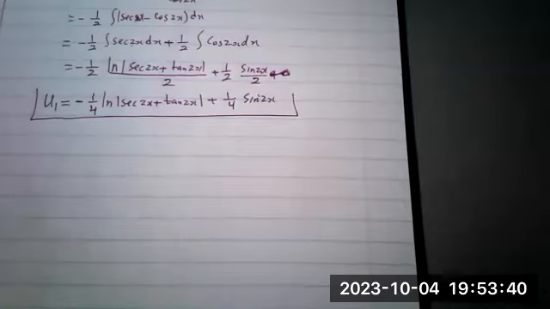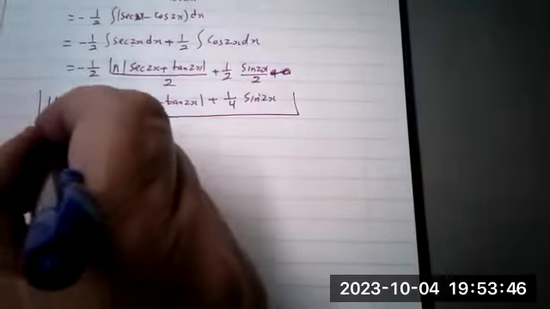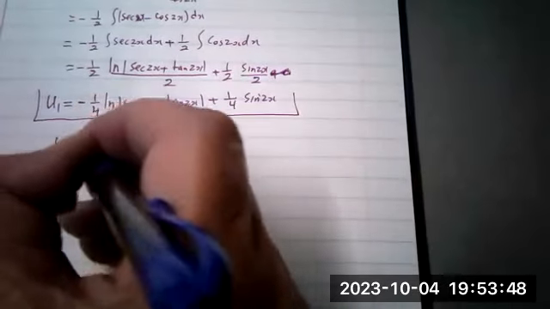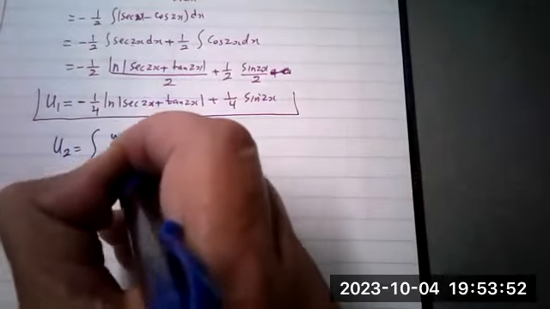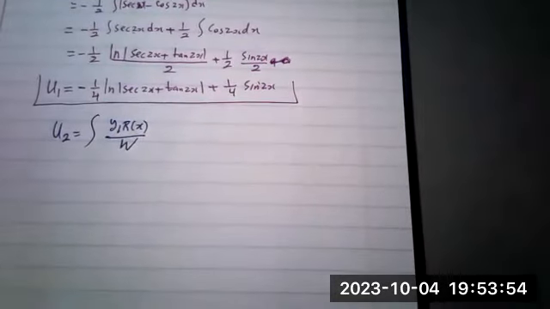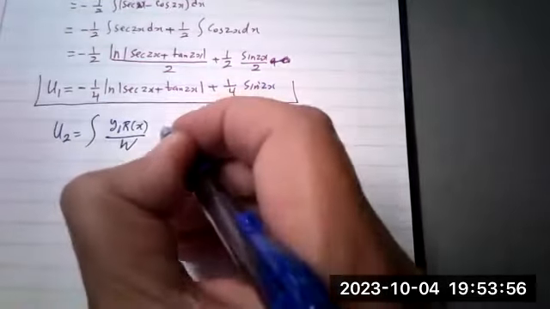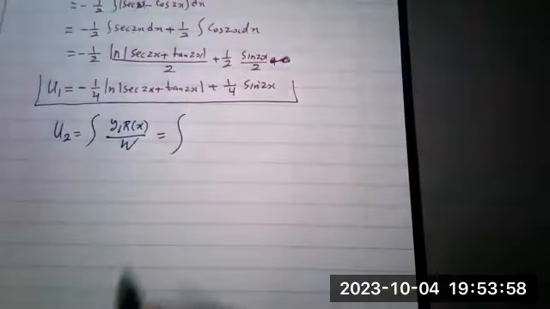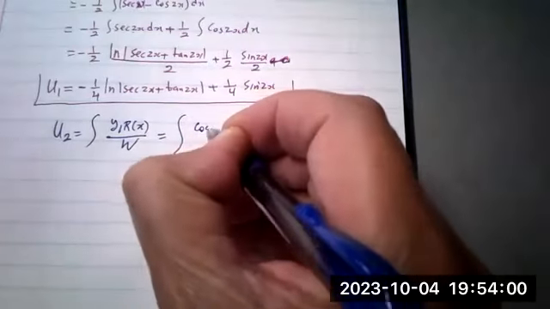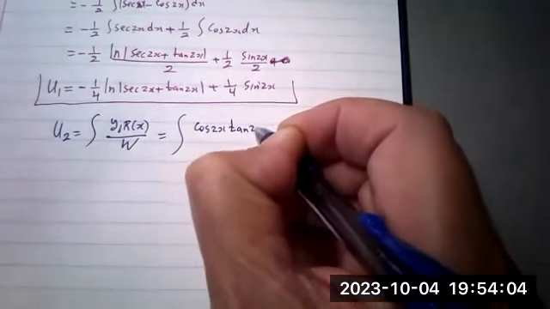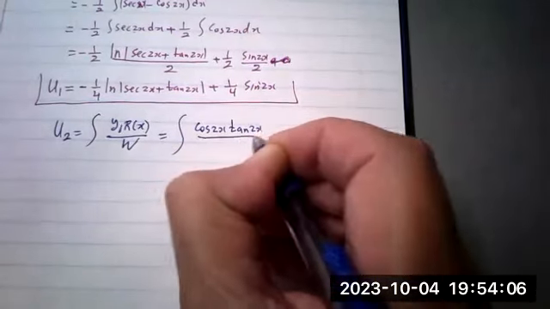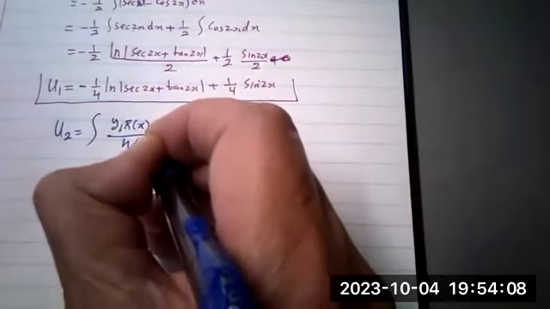Okay, so let's do the U2 to see what type of integral it is going to be. Remember the formula for the U2 is the integral of y1 r of x over the Wronskian. So what is the y1? Y1 is cosine of the 2x. R of x is tangent of the 2x. Wronskian is 2, and there is a dx here.